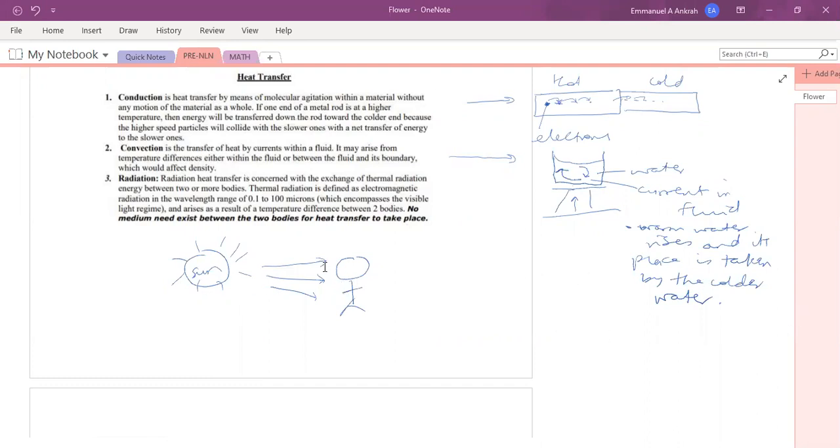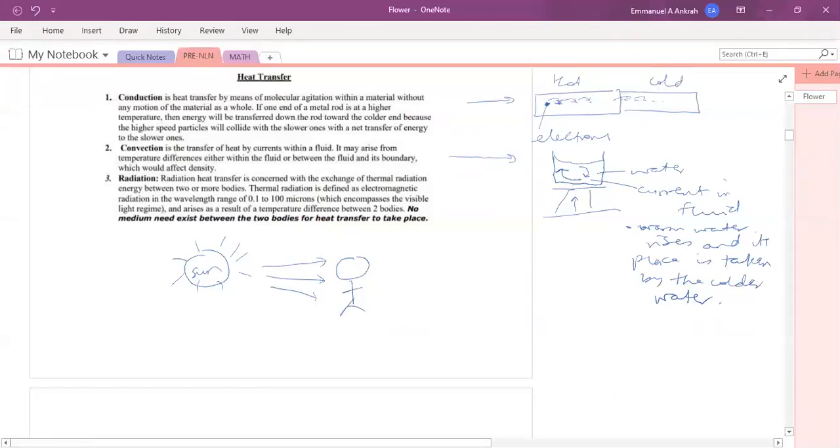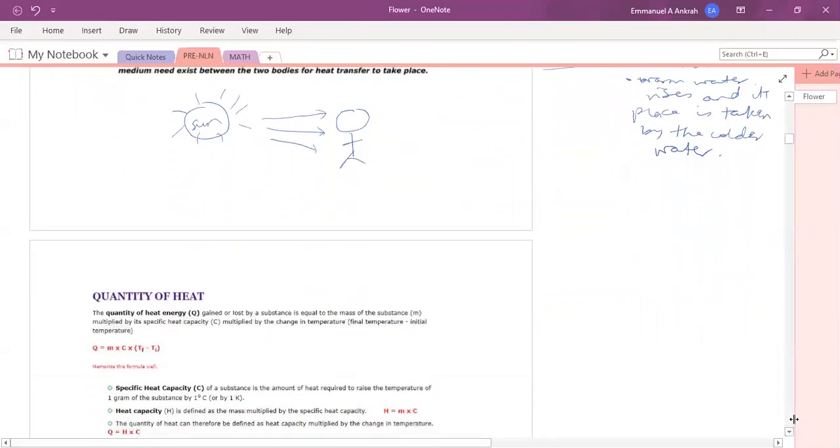If you take something like a flask, usually they try to reduce heat loss by reducing these three modes of heat transfer. For example, let me draw a flask.